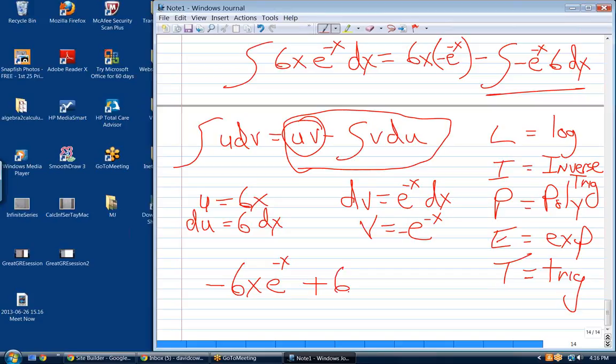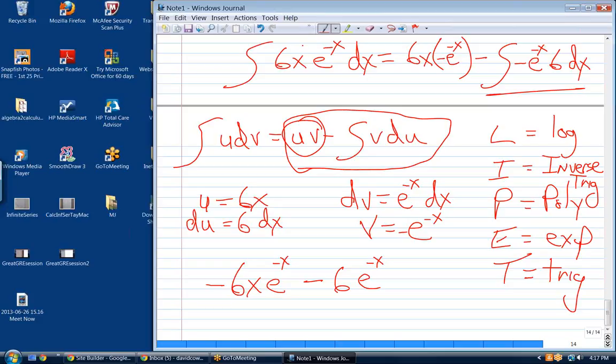So what's the integral of e to the minus x? Is it still e to the minus x? Divided by minus 1, turning this back into a negative. When you're doing integration by parts, the hardest thing is keeping track of your negative signs, because also integration by parts frequently requires multiple iterations.